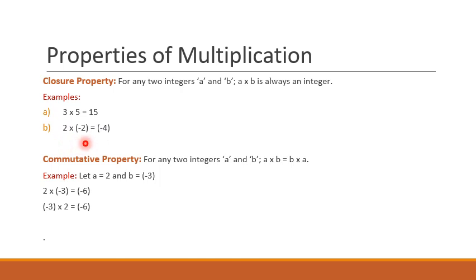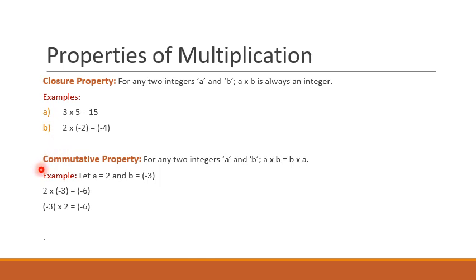And we multiply the numerical values of the integer. So 2 multiplied by 2 gives me 4. So answer is minus 4, which is a negative integer. So we can see in both the examples, the answer came out to be an integer only. So when we multiply any two integers, the product is always an integer. This is what is the closure property.